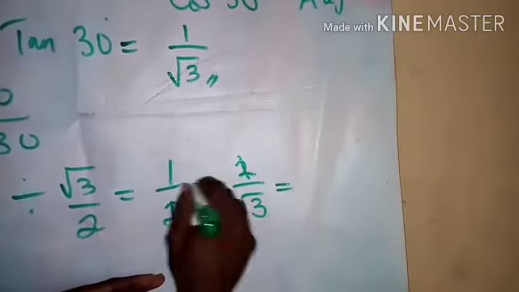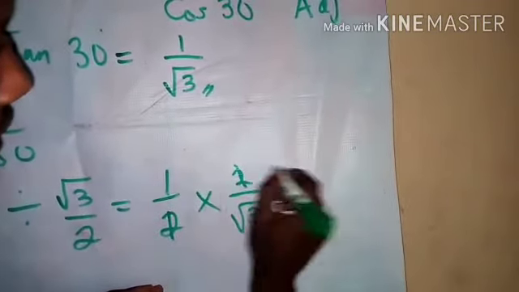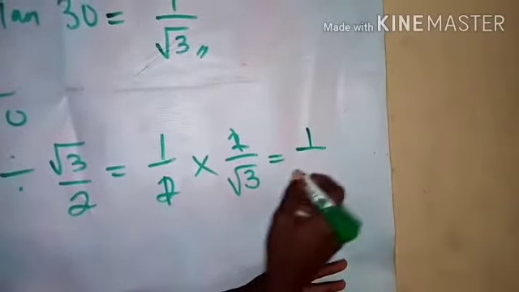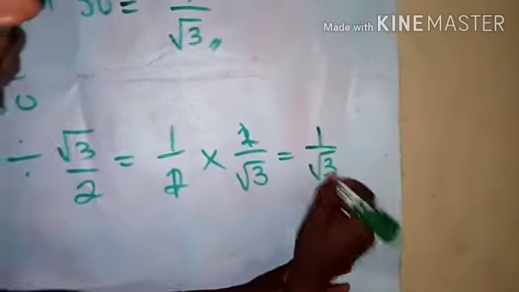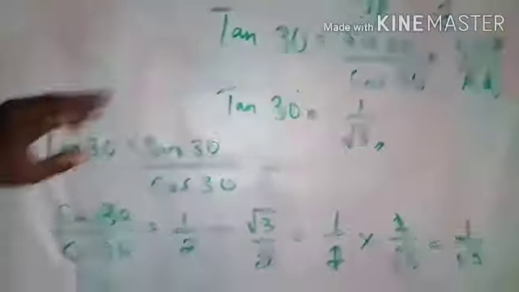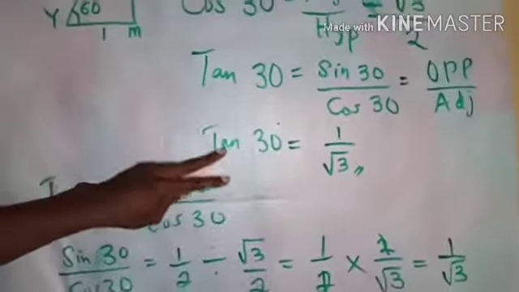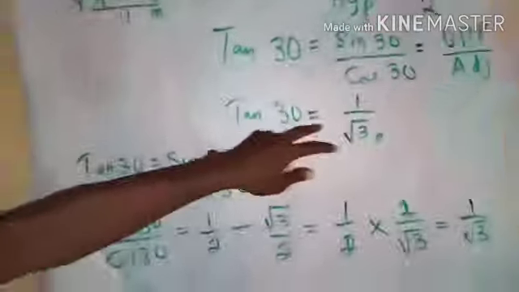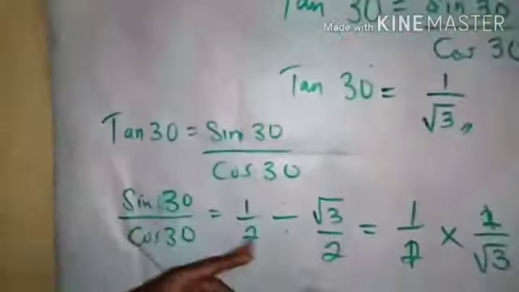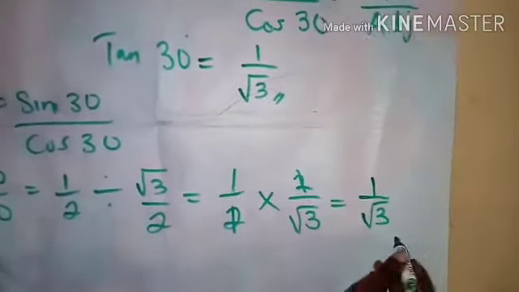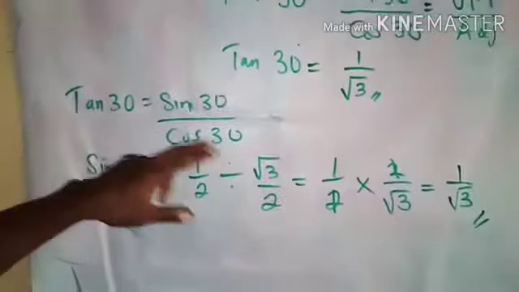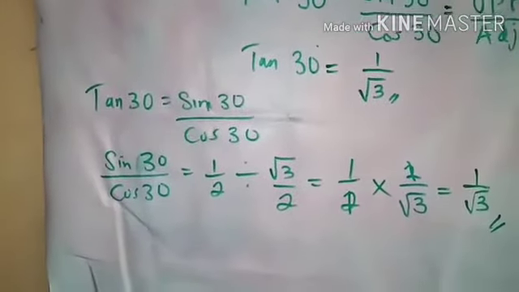So the 2 goes, so we are left with what? 1 times 1 is 1 over √3. So if we check it out, our tan 30 equals 1 over √3. And the same thing goes, sin 30 over cos 30 still gives us 1 over √3, which further proves that tan 30 equals sin 30 over cos 30.